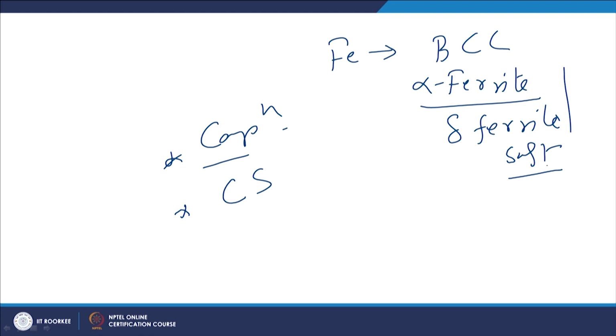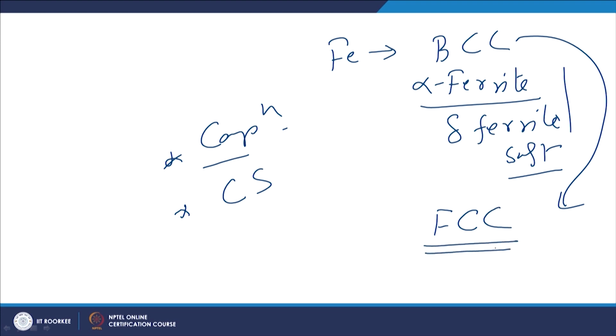But when it is heated to the high temperature or when controlled alloying is done, iron can also be obtained in form of the FCC crystal structure, which offers altogether different type of the mechanical properties.